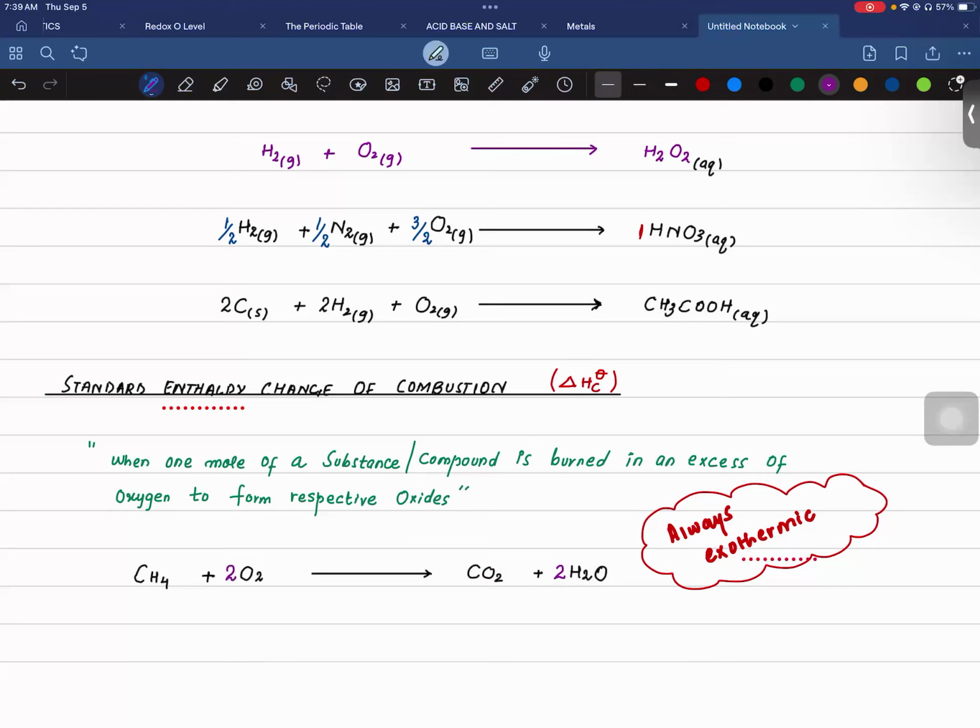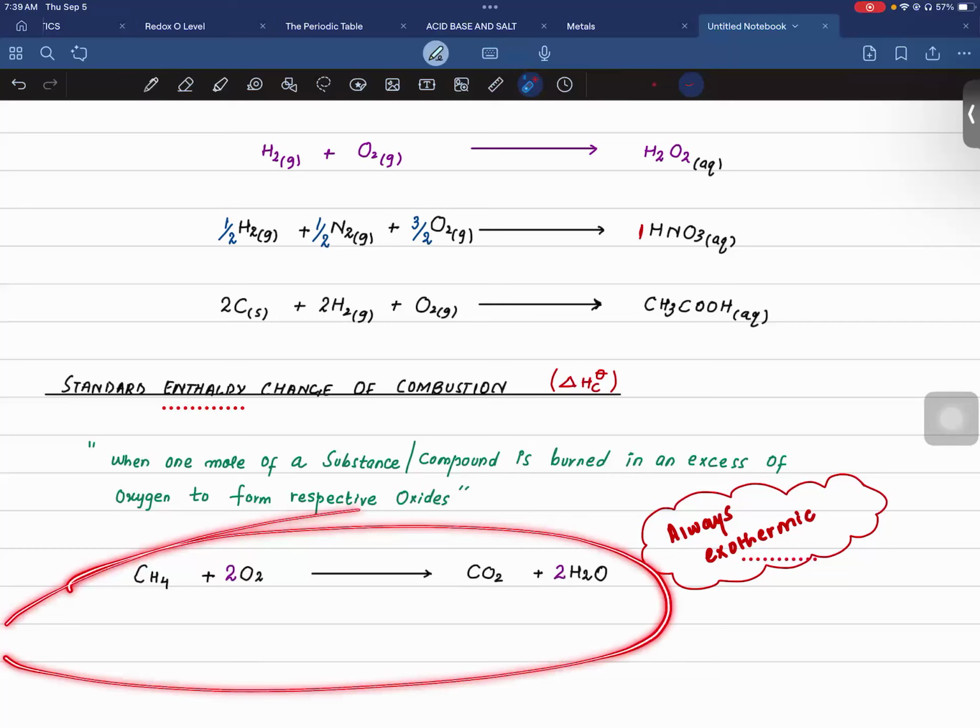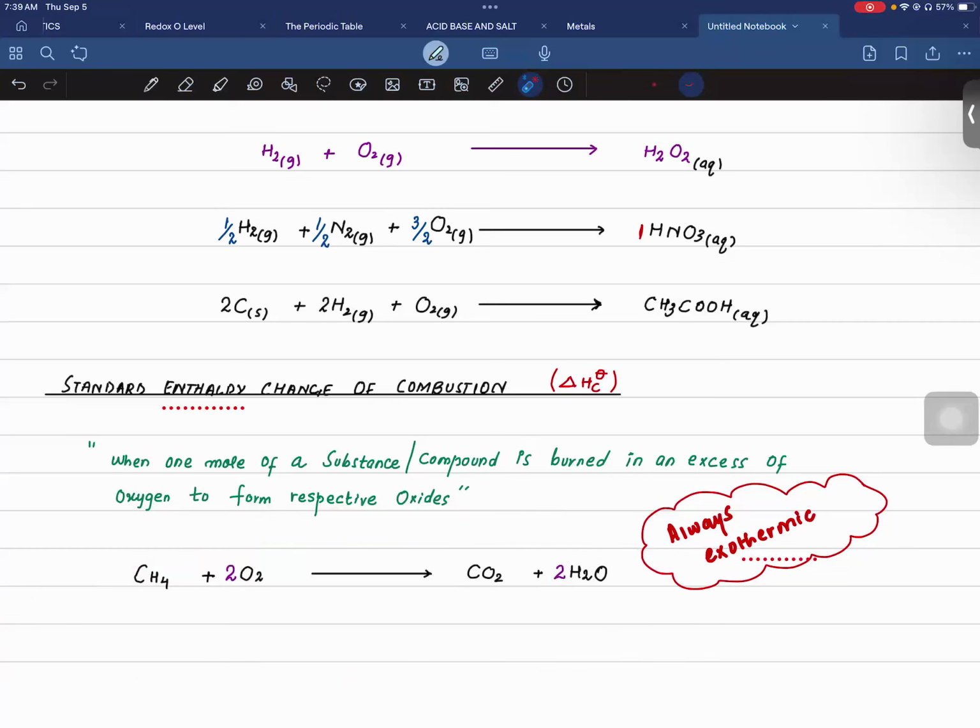So this is the balanced chemical equation, and this satisfies this definition. According to this, 1 mole of a compound is burned in an excess of oxygen to form their respective oxides.